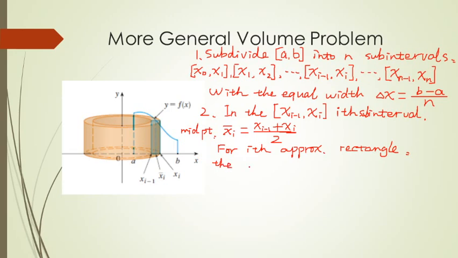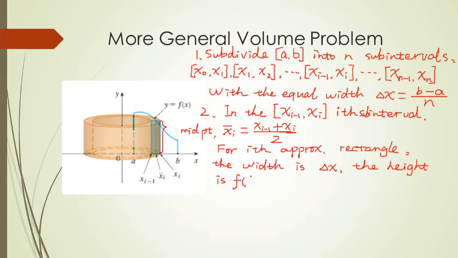the width is easy, right? The width is delta x. How about the height? We will take the height of f. So this part gives the height of the rectangle. So the height of the rectangle will be f evaluated at the middle point.